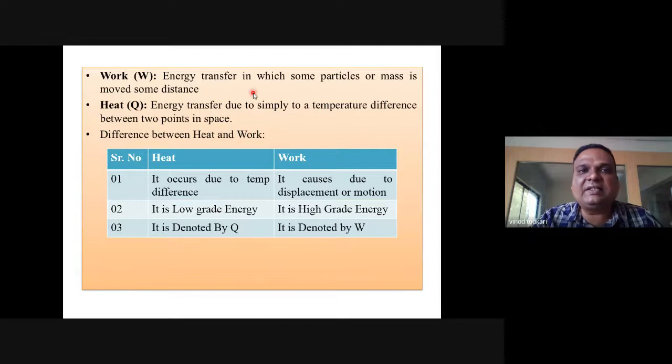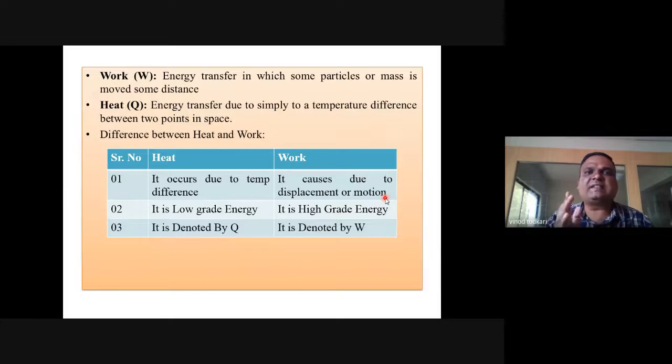See, heat naturally always flows from high temperature to low temperature. All of you, do you agree with this? Yes, sir. Naturally heat will flow from high temperature to low temperature. Okay. Now see, heat flows due to temperature difference and work is caused due to displacement or motion.